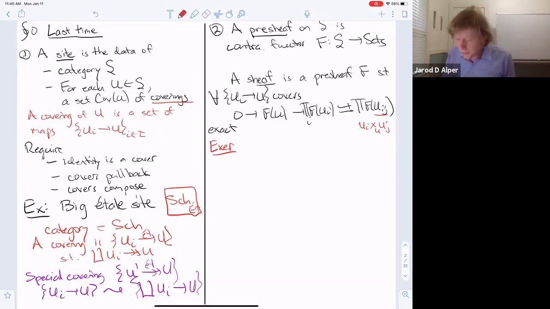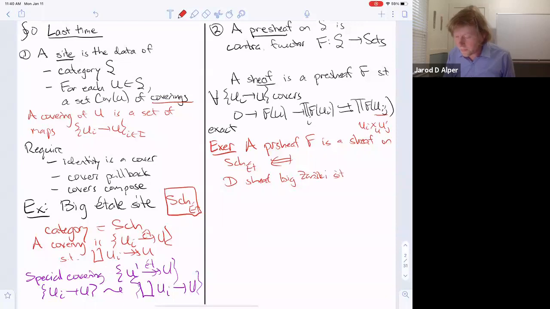The exercise is to show a presheaf F is a sheaf on the big étale site if and only if, one, it's a sheaf on the big Zariski site, meaning everything glues with respect to open immersions, and then you just need to check that for all étale surjections of affine schemes, the corresponding sequence is exact.